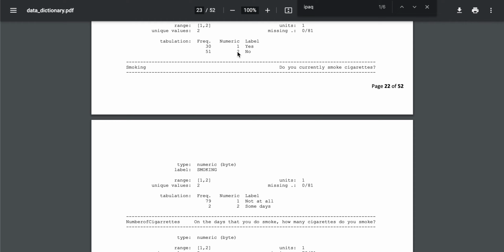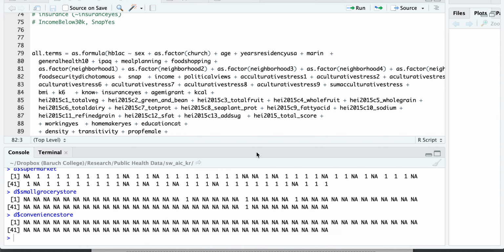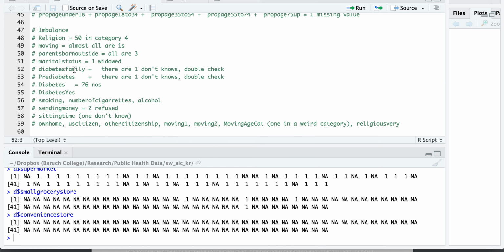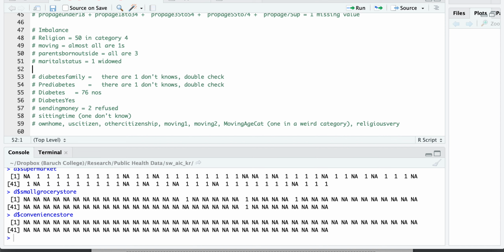Then we have smoking. Wait, 79, not at all. So this seems to be an irrelevant, not informative predictor. So smoking comes here.